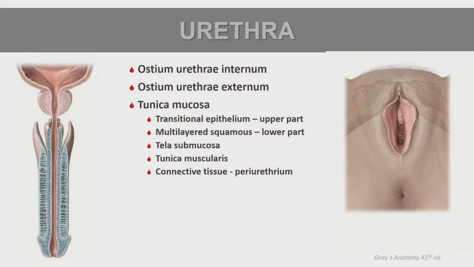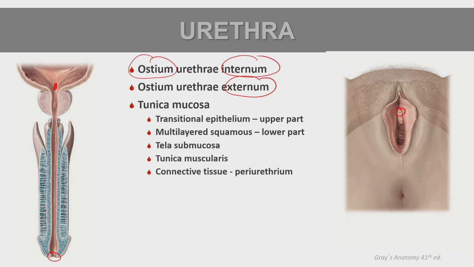Urethra. Urethra is a tube which is the way of urine from the urinary bladder to the outside. It has ostium internum and externum. Internum is in the urinary bladder. Outer ostium is different in a male and in a female.